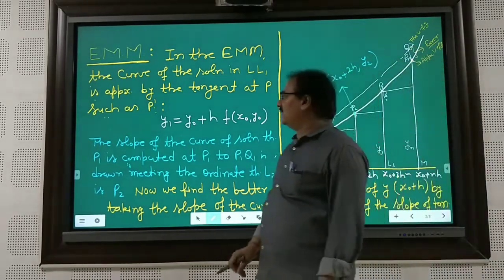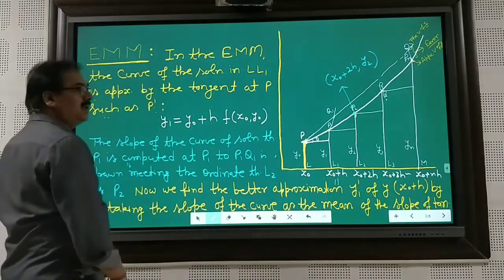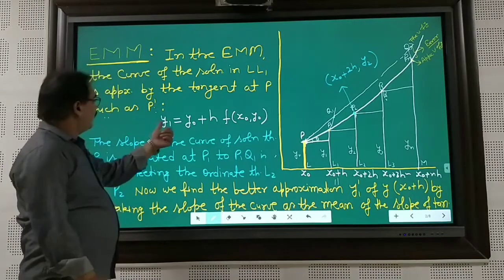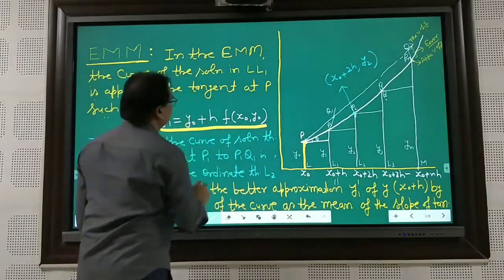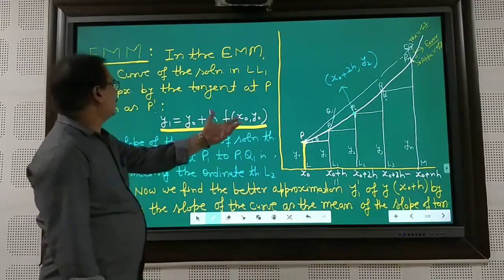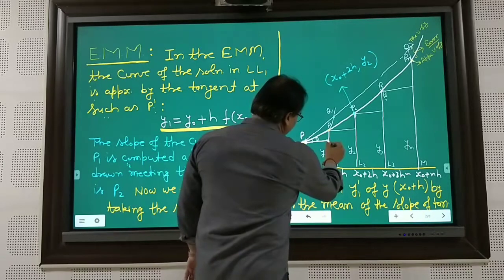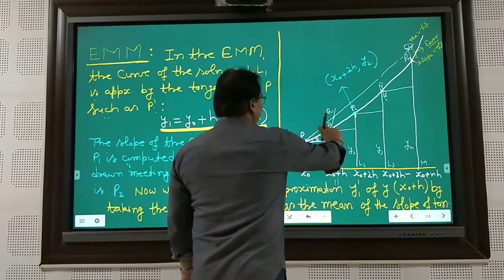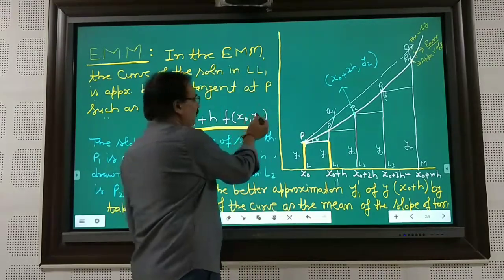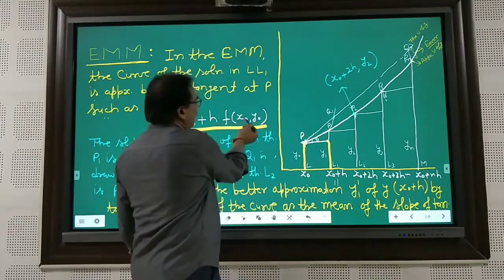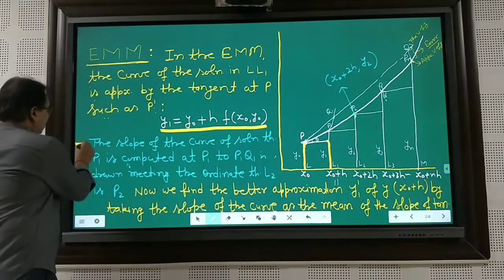So this is the approximation by the tangent at P, such that y1 is equal to y0 plus h f of x0, y0. It is very clear here. This portion is y0, and this portion you calculate. This is the tangent already discussed in Euler's method, that is h times f of x0, y0.